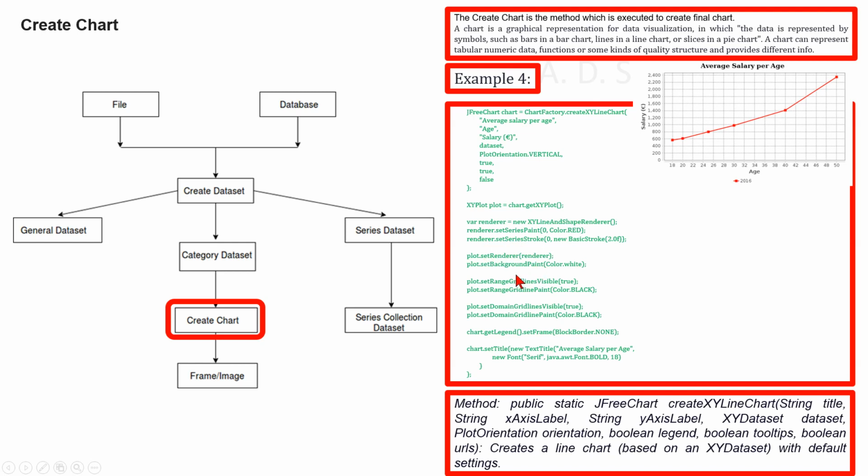The setBackgroundPaint sets the background color of the plot area. We show the grid lines and paint them in black color.